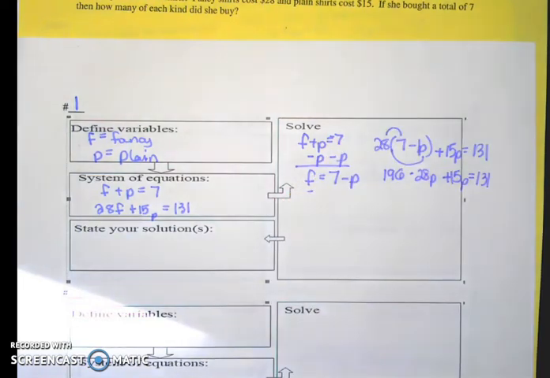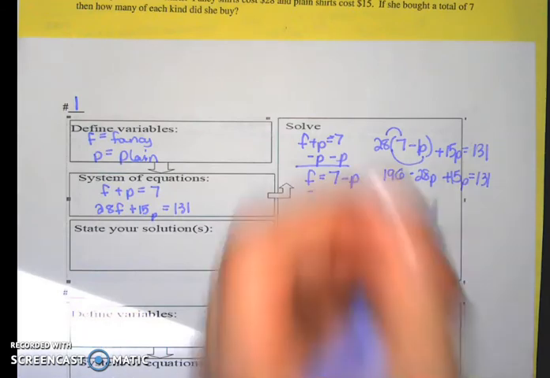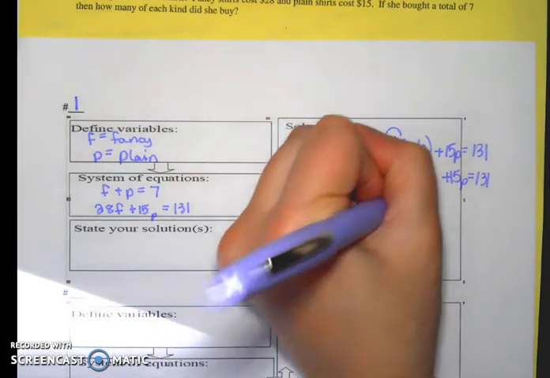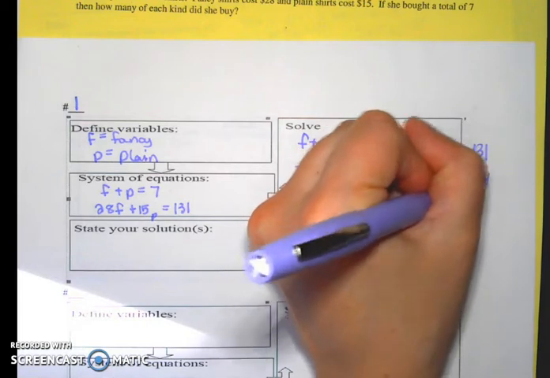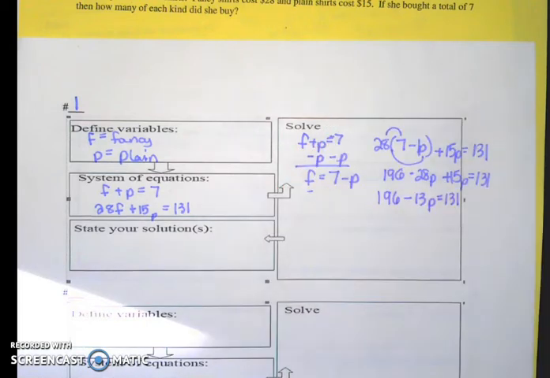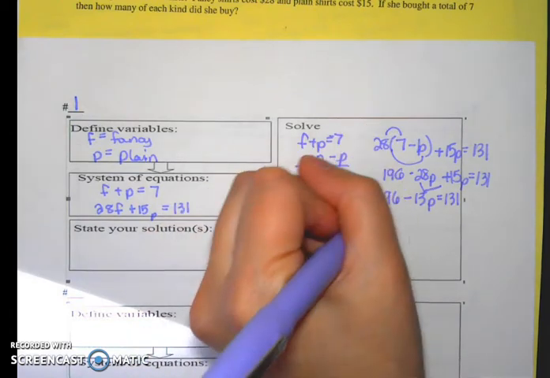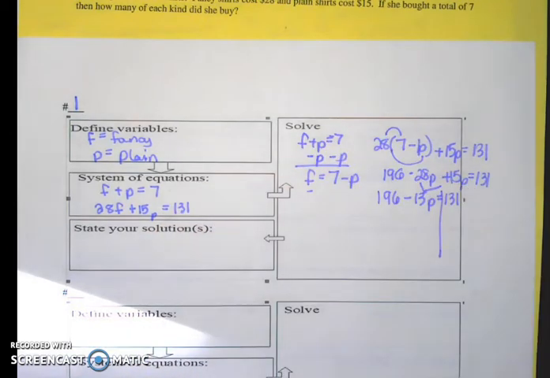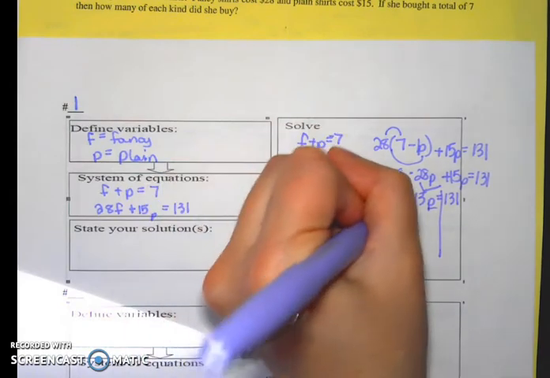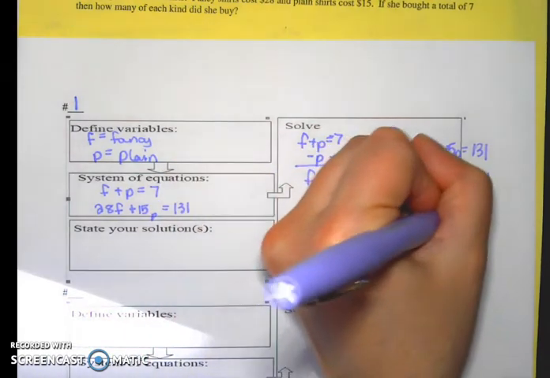Then, negative 28 plus 15, 196 minus 13P equals 131. Okay, everybody good with that? I just combined my like terms here. Negative 28 plus 15 gave me negative 13P. So then when I'm continuing to solve this, I need to solve for P, so I'm going to subtract 196 from both sides.